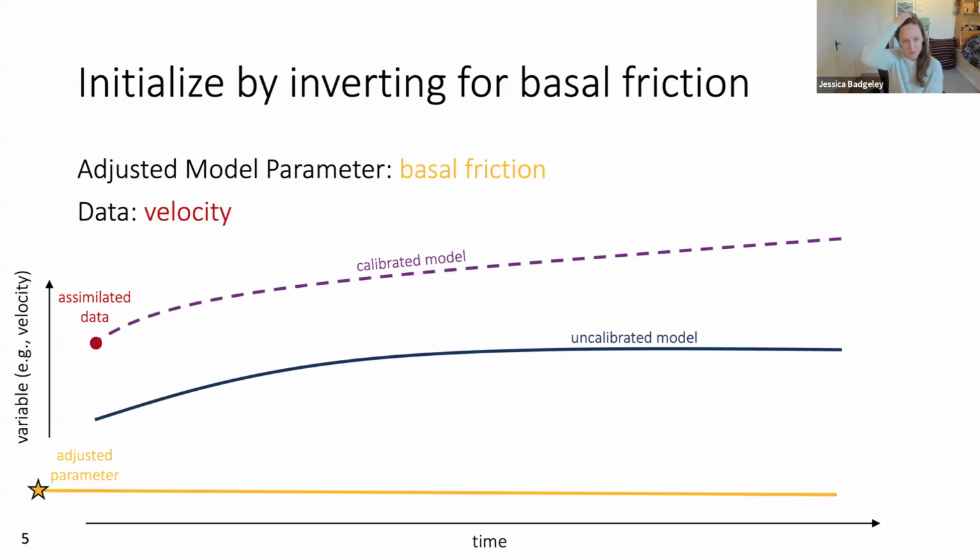And so this has long been used in ice sheet modeling, but one of the issues we've run up against time and time again, and people have been working on in the last 5-10 years, is how do we incorporate the enormous amounts of data that we have? We don't just have data from one point in time, we have a whole time series of data that covers most of the ice sheet, especially from satellites.